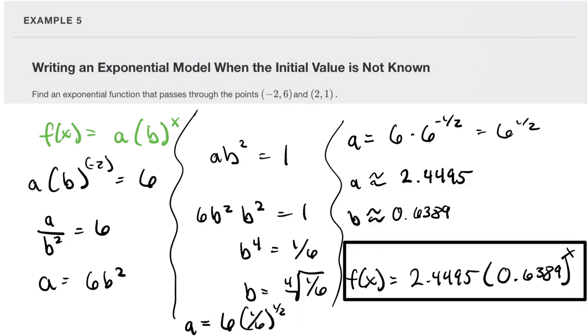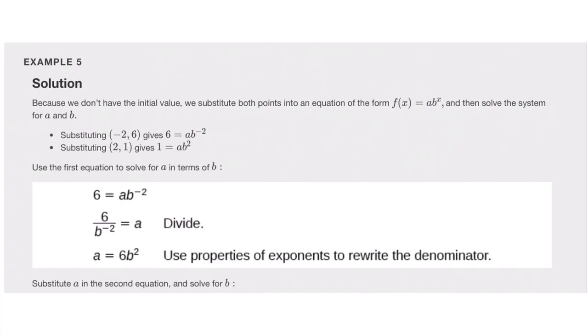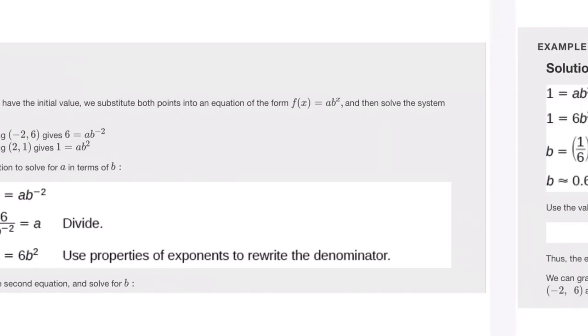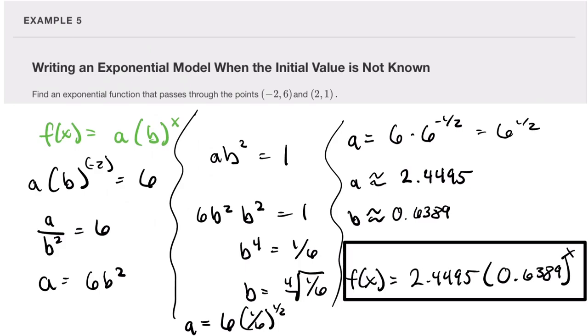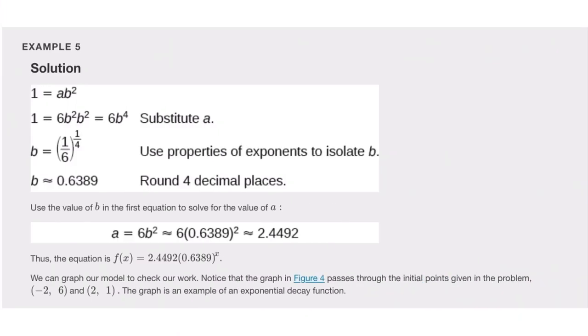Okay. Because we don't have the initial value, we substitute both points into an equation of this form, then solve the system for a and b. So it looks like they pretty much did the same thing we did. 2.4492. Okay, that's fine. We're close enough.